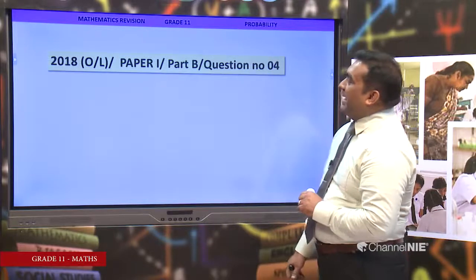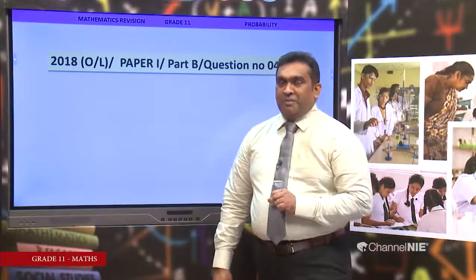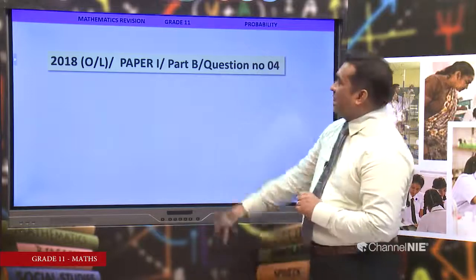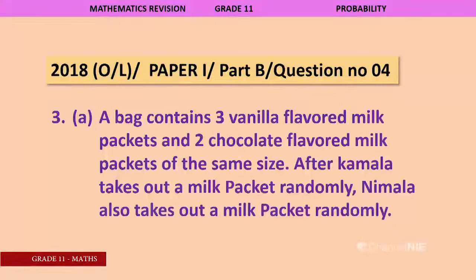Now a 2018 past paper question. Paper 1, part B, structured 1, question number 4. A bag contains 3 vanilla flavored milk packets and 2 chocolate flavored milk packets of the same size. After Kamala takes out a milk packet randomly, Nimala also takes out a milk packet randomly.